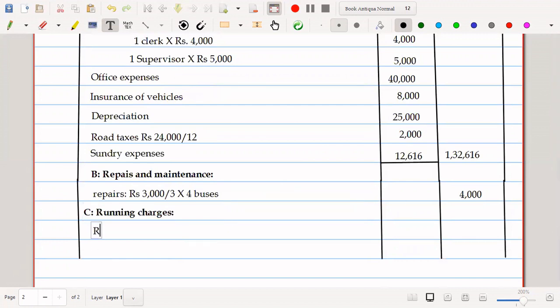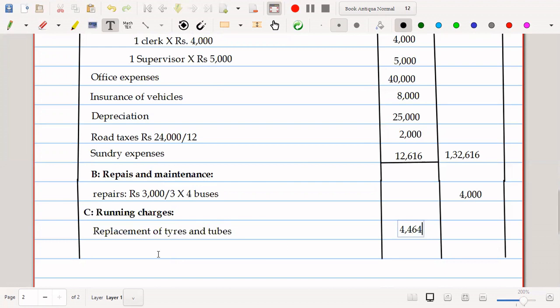We have calculated here in the working note, amount was 4,464.